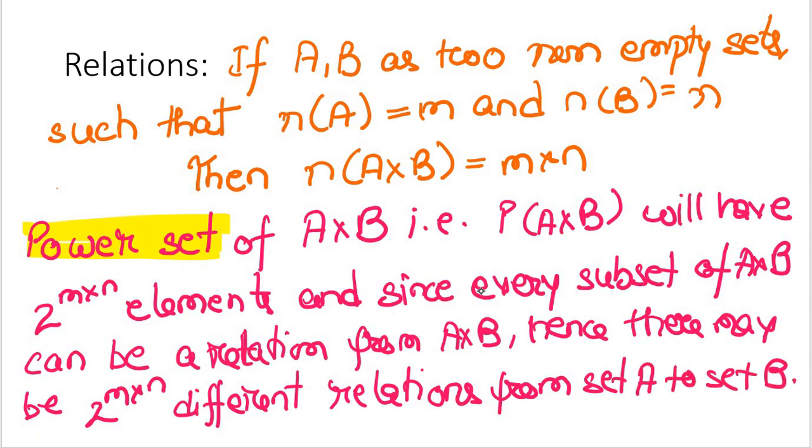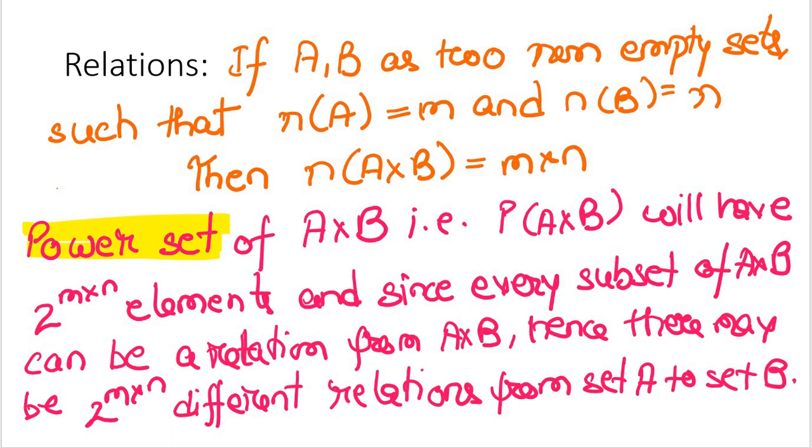Now this is something which you have to give a thought. So what I'm trying to say is that in case of A cross B, I have a power set which is P of A cross B. So obviously if A has m elements and B has n elements, the power set of A cross B will have 2 to the power m cross n elements, and every subset of A cross B can be a relation.